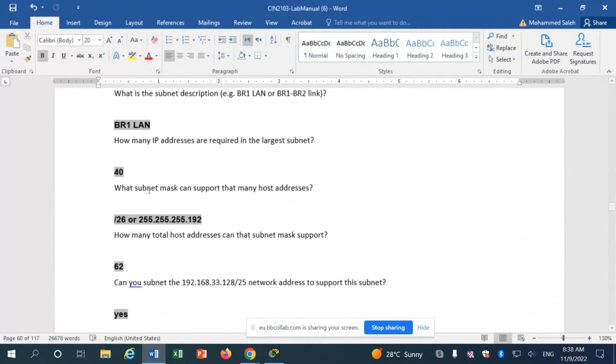To get 40 hosts, how many bits do I need to borrow? Or how many bits do I need to keep for the host? You are right, but how did you find out?